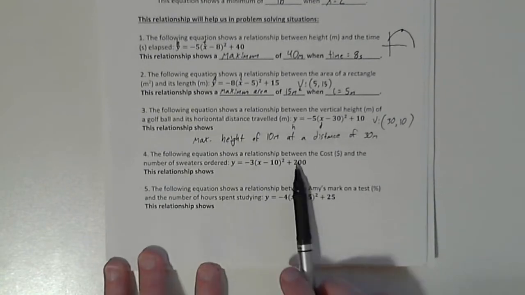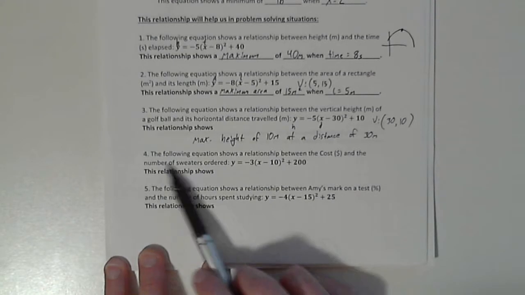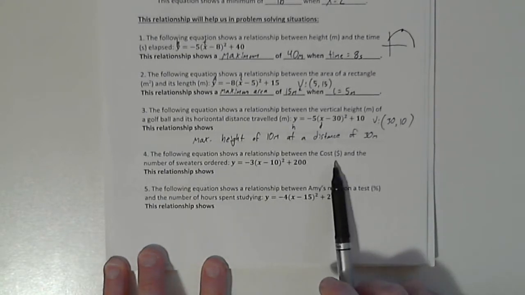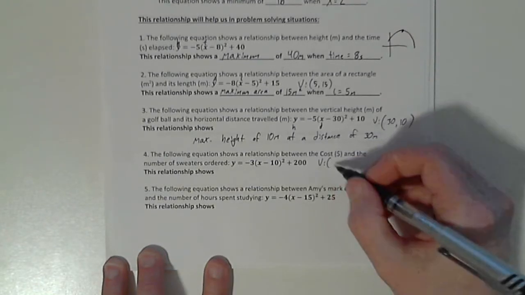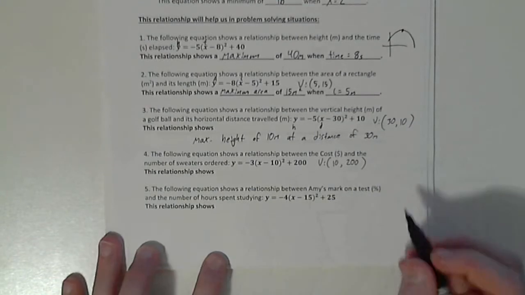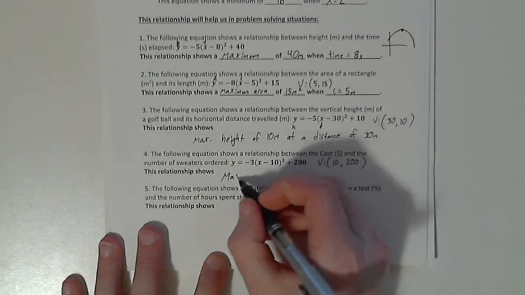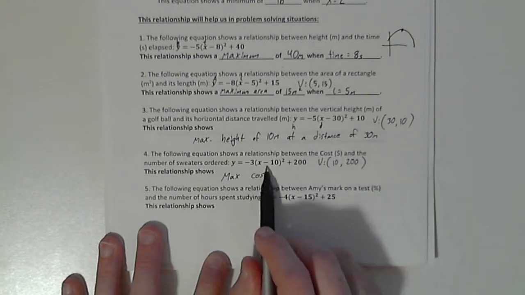The following equation, let's try and do it without as much fanfare. Let's see if we can do it nice and quick. Shows a relationship between cost and number of sweaters ordered. So the vertex is (10, 200). So a max cost, it's going down. Most of these seem to be maximums, right?